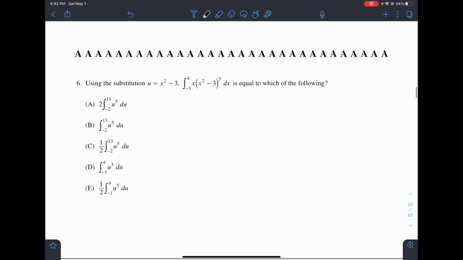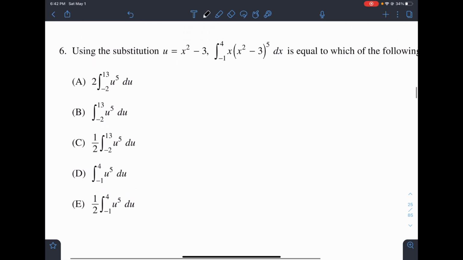Awesome. Alright, so number 6, we have another definite integral. So let's let u equal x squared minus 3 from the problem. So that's what's inside here. So now we have to find du dx. This will equal 2x from the power rule. Now we can multiply by dx and then divide by 2x to get du over 2x equals dx.